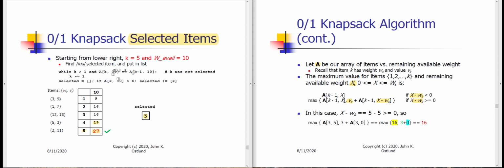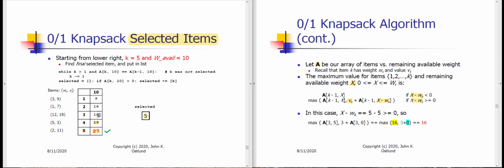So the first step in our sort of brute force algorithm here is to start at the lower right corner and just look at the previous rows in that final column until you find the lowest indexed row that still has the same maximum value as is down in the lower right corner.